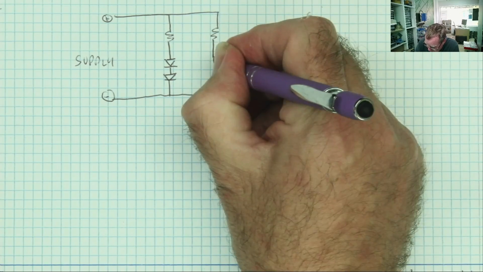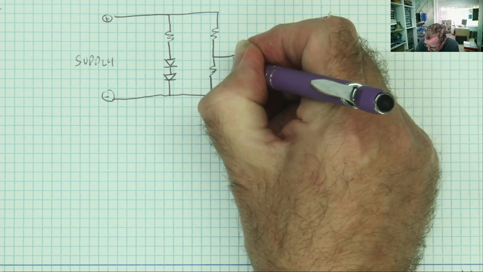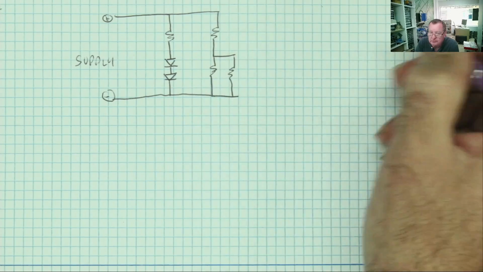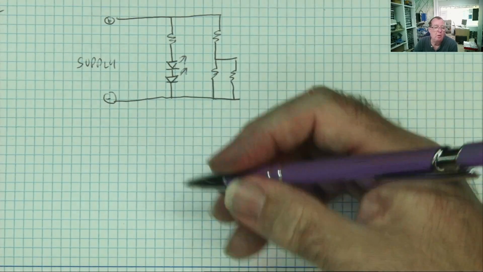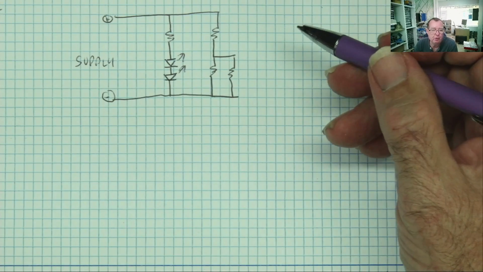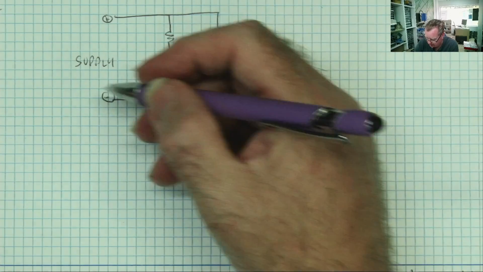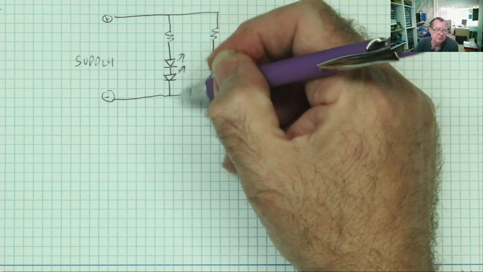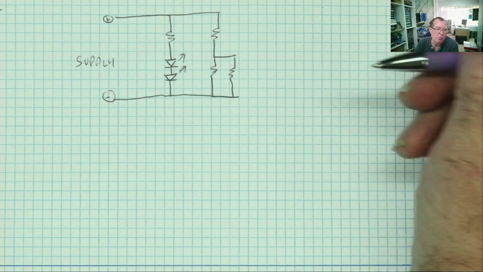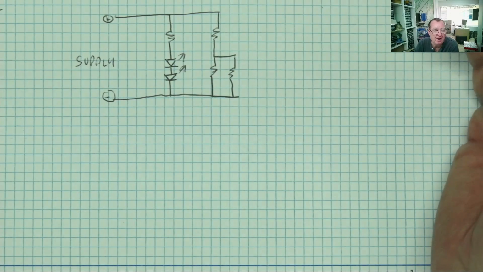Few more resistors, something like that, okay. And what Kirchhoff's voltage law actually means is that the sum of all the voltages across a circuit like this will equal the supply voltage.